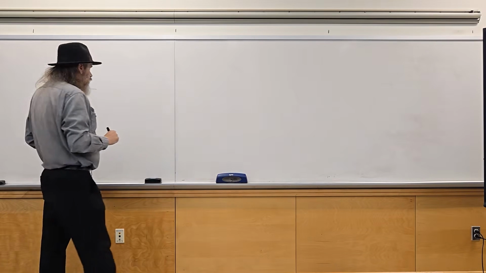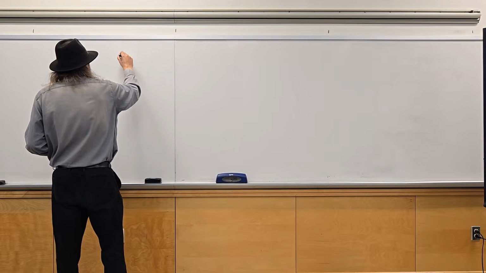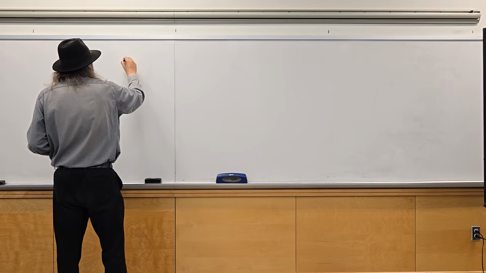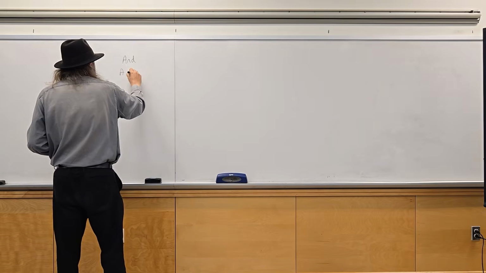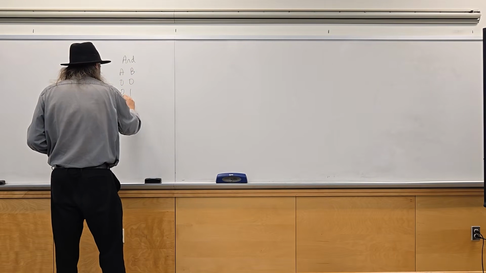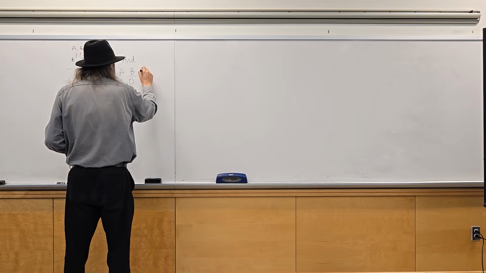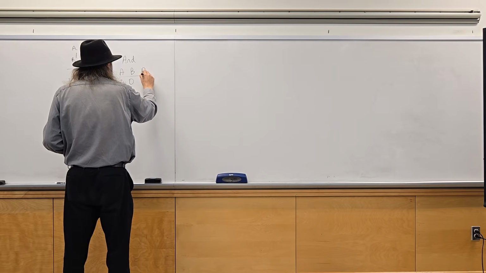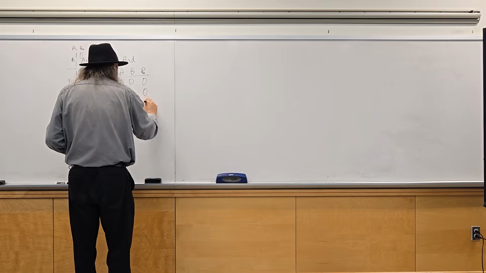So multiplication with binary numbers is done by the AND gate. A, B, let's call it P, product, 0, 0, 0, 1.